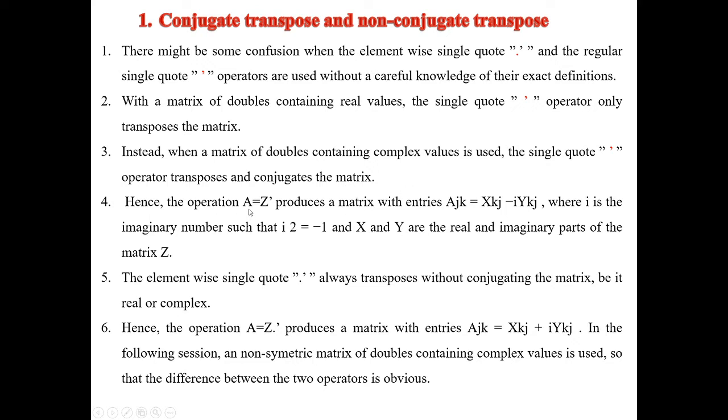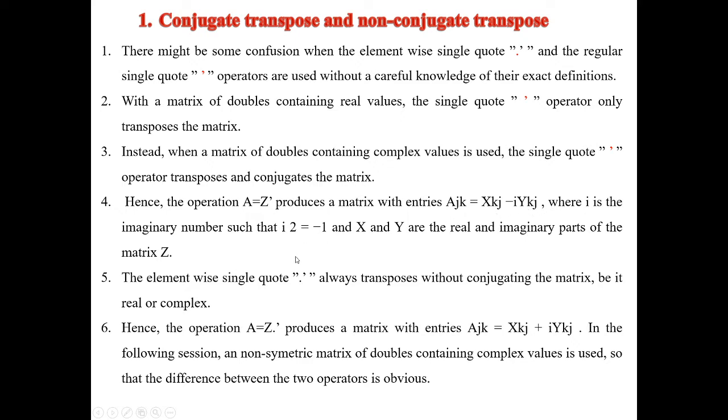For example, here you can see A equal to Z dash, which produces like this: I J K X, K J minus I Y K J, where I is the imaginary number, which is going to subtract this Y matrix from the X matrix.